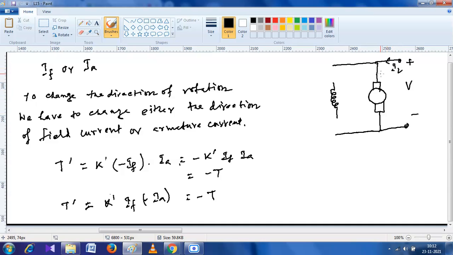This is IL, and the direction of the armature current is like the previous one, but we have to change the direction of the field current. So we have to change the terminal of the field current.